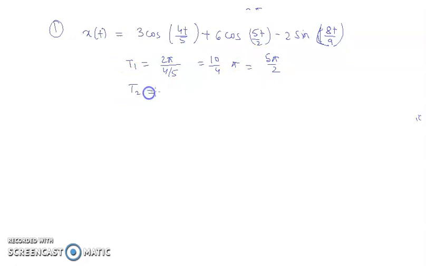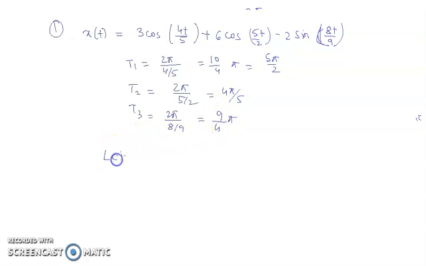Similarly, T2 is equal to 2π by 5/2, which is 4π/5. Again T3 will be 2π by 8/9, or 18/8 π, or 9π/4. So these are three values.